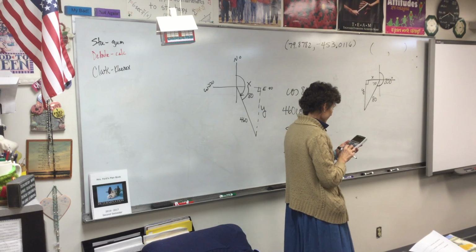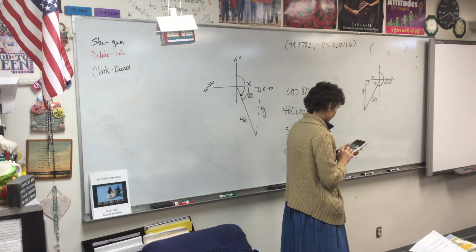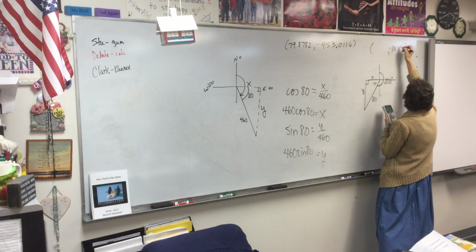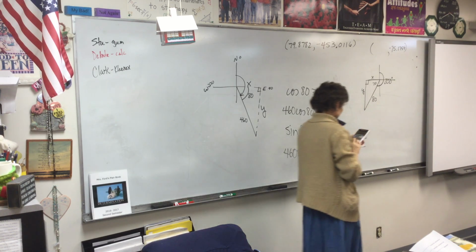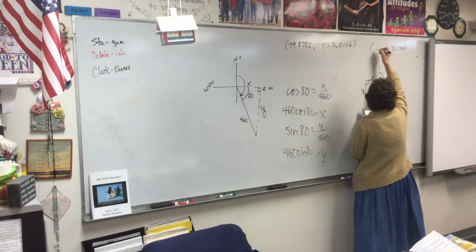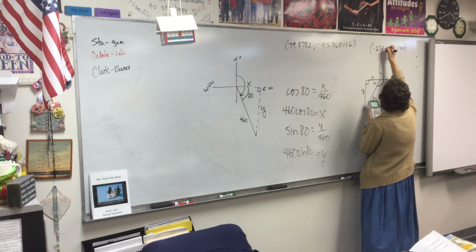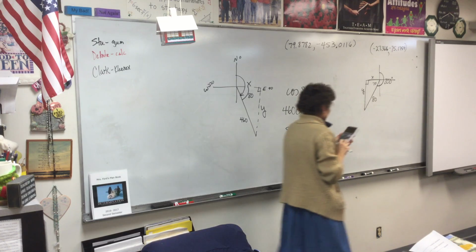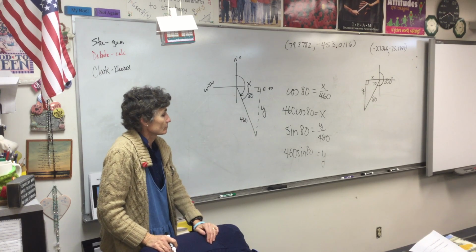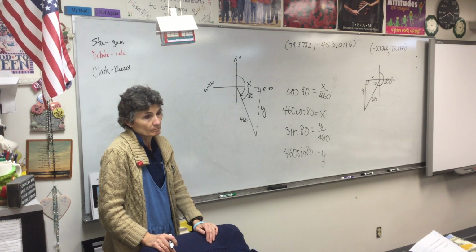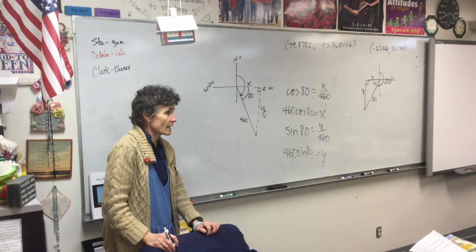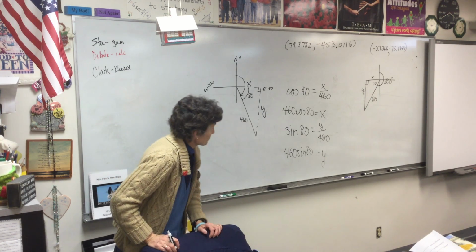Tell me what you get for x and y. I got both negative. I marked both negative. Was that a good idea? Do my numbers look like yours?